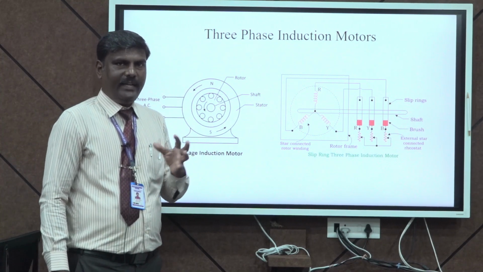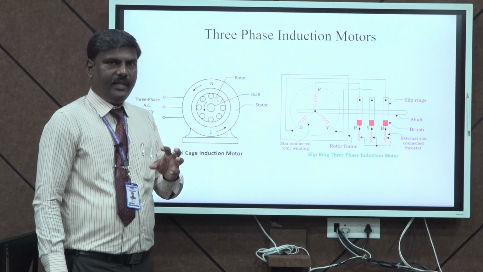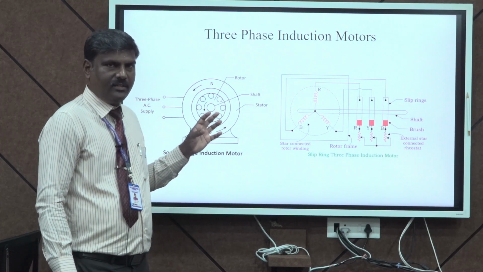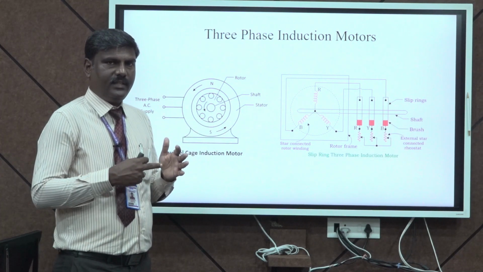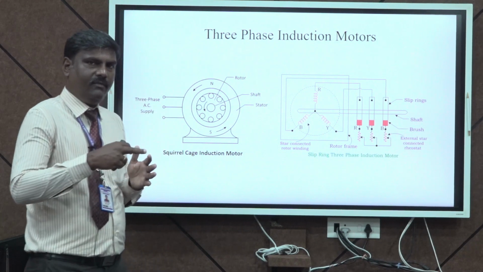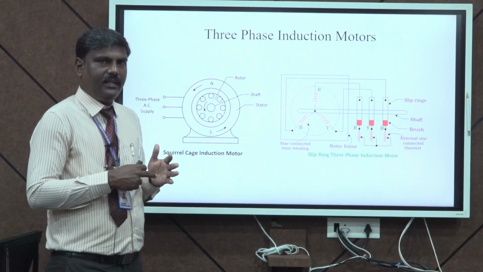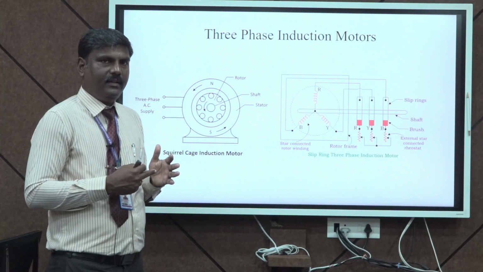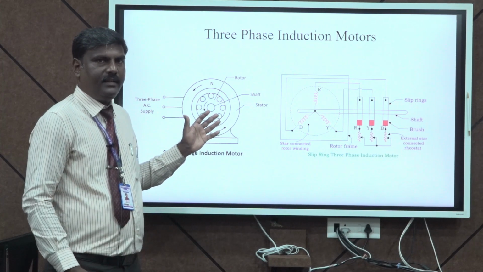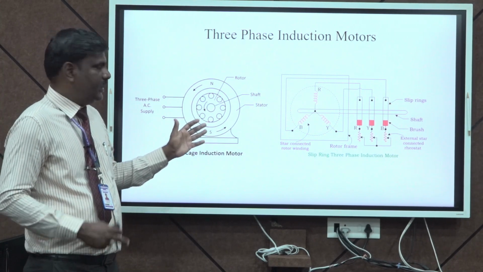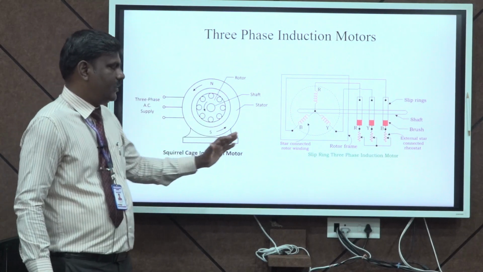Due to that rotating magnetic field, EMF is induced in the short circuited rotor. Due to its short circuit nature, a current flows in the rotor that magnetizes the rotor, then it works as a motor. This is how squirrel cage induction motor works.